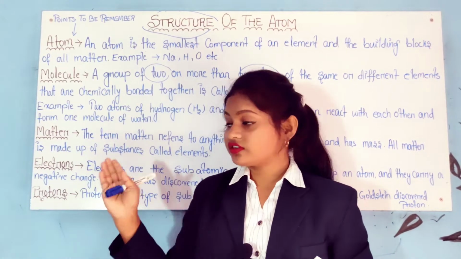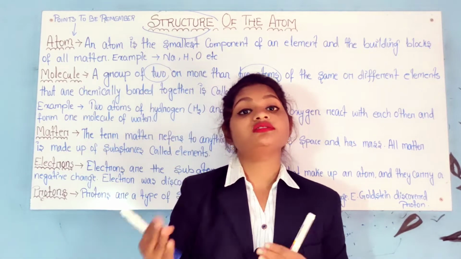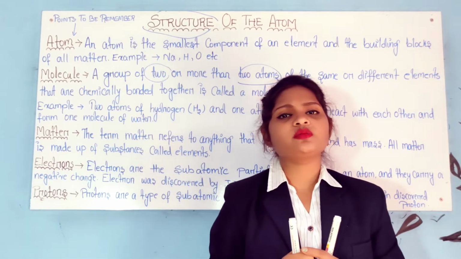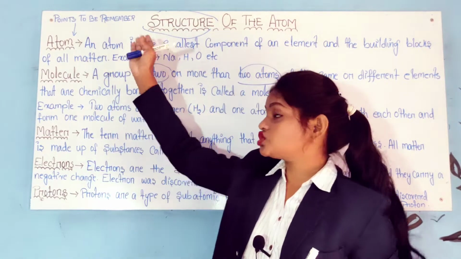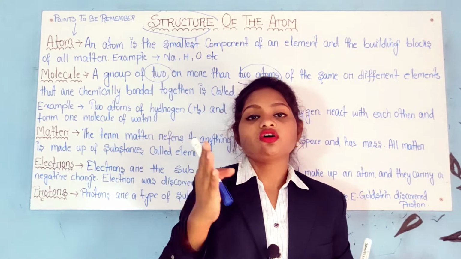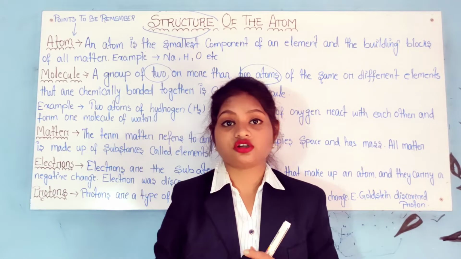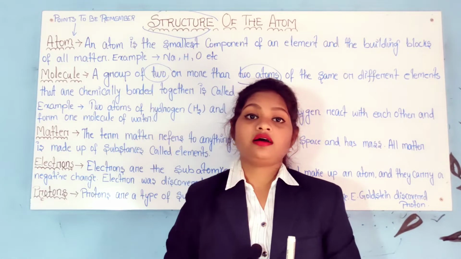After this, in the previous chapter we went through Dalton's atomic theory. Dalton suggested about the structure of the atom that the atom cannot be divided, meaning it is indivisible and indestructible.